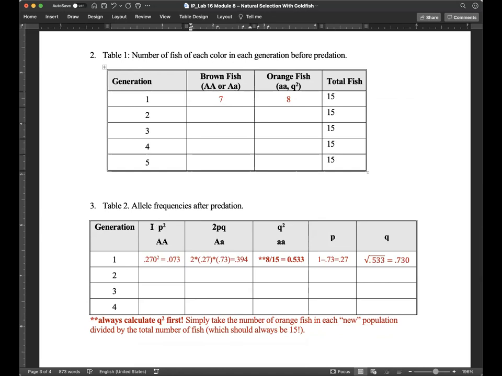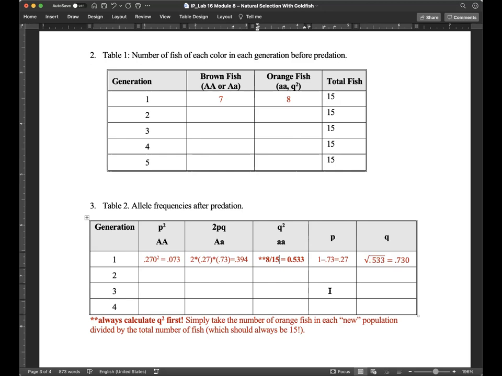So when we go to calculate our allelic frequencies, the only thing that we can do first is calculate our Q squared. Our Q squared is going to be 8 out of 15, because we're going to start with 15 fish total every single time. So 8 out of our 15 fish are orange, or little a. So again, don't overcomplicate it.